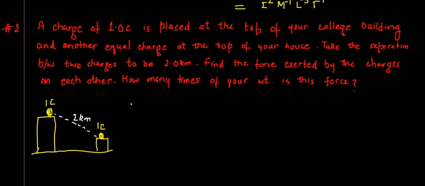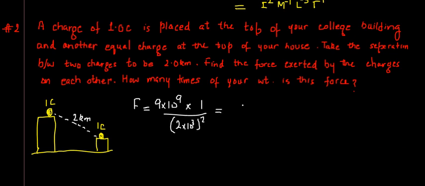Okay, so let us find the force on each other. We know that force is equal to, let's assume that the medium here is vacuum or air. Air has roughly the same electrostatic constant as vacuum. So we take 9 into 10 to the power of 9 in SI system. And then product of charges, that is 1 coulomb into 1 coulomb, that's 1, divided by the distance square, that is 2 kilometers, that is 2 into 10 to the power of 3 whole squared.